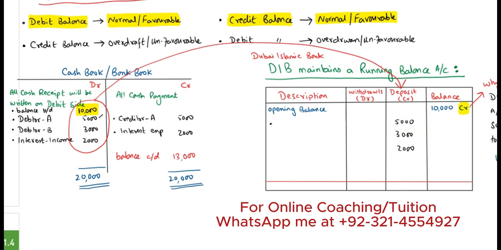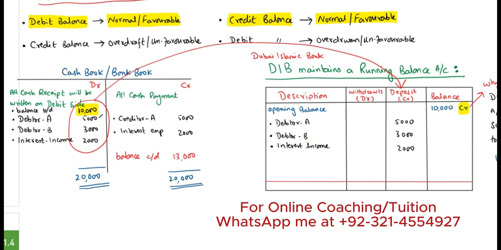So here is debtor A, debtor B, then interest income.